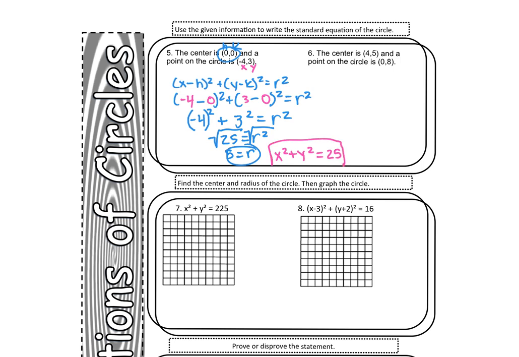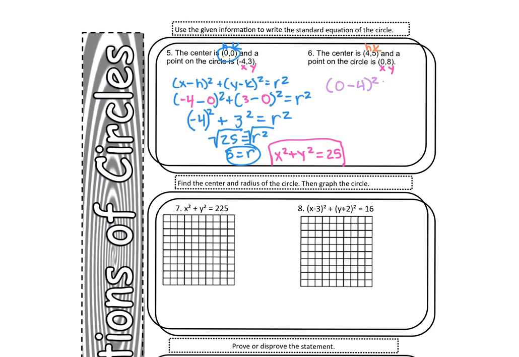Okay, number 6, once again, they gave us the center, which would be h and k. And then they gave us the point on the circle, which is going to be x and y. So once we plug this into our formula, we can do x, which is 0, minus our h, which is 4.